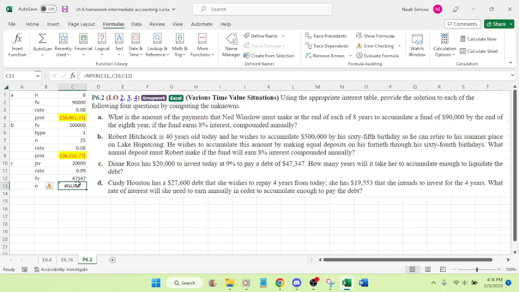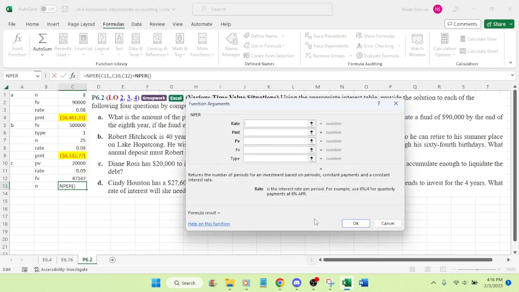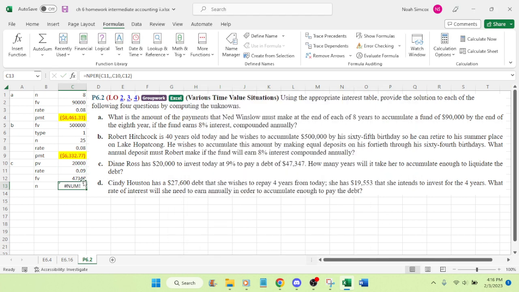What's the problem? Come on. Why? What is the problem here? No, don't make me retype the whole thing. Rate is this. Oh, I'm a dumb cancel. We are going to do minus 20,000. Oh, now it works.